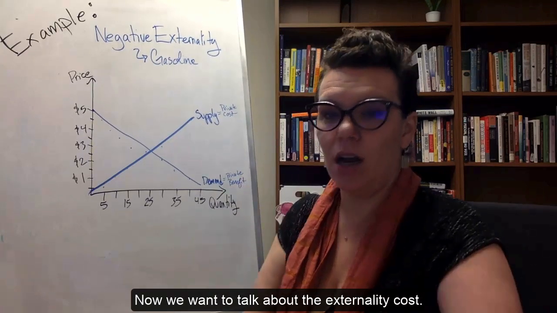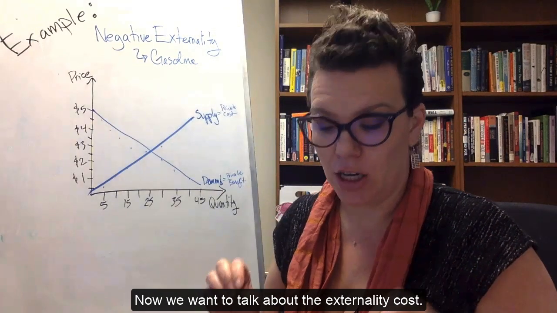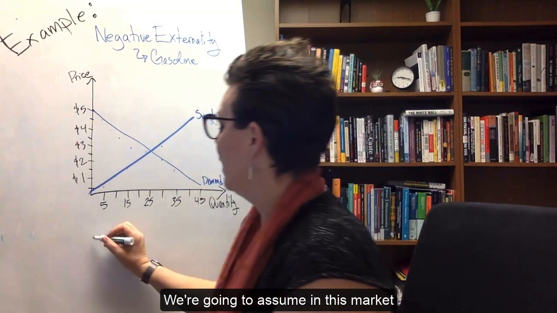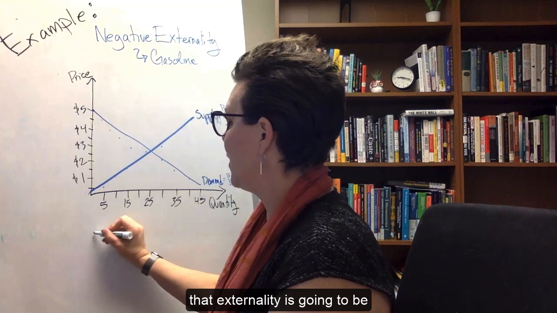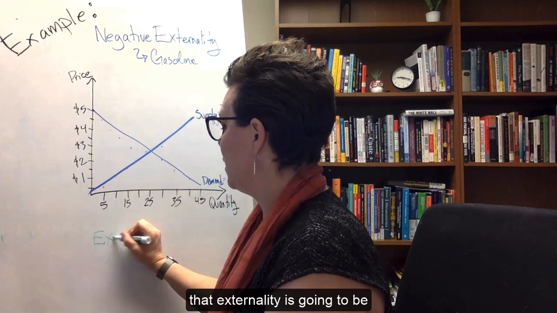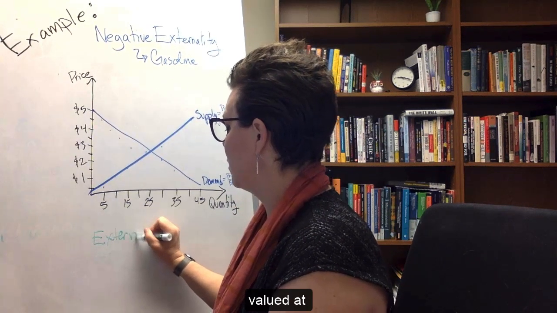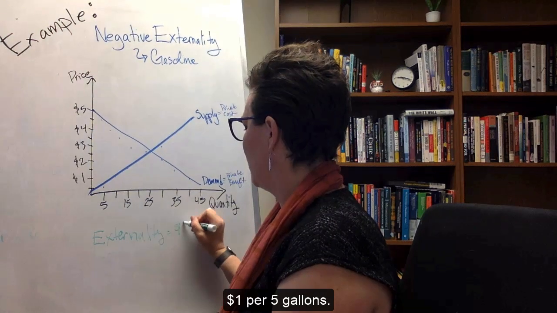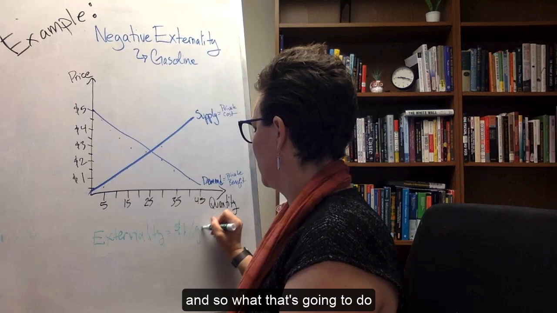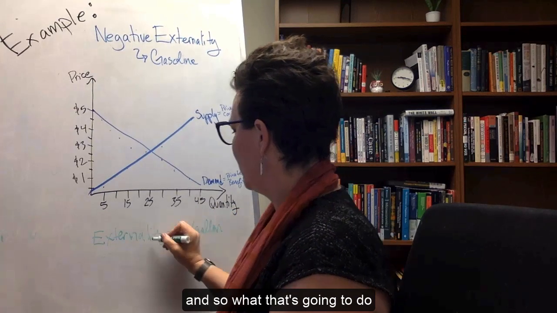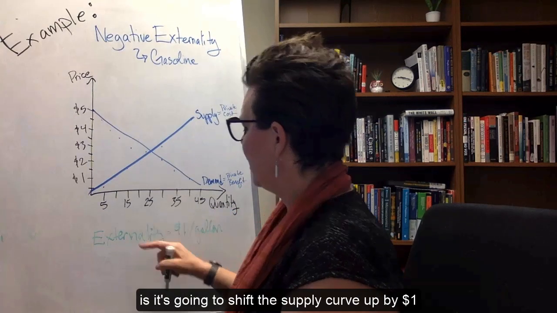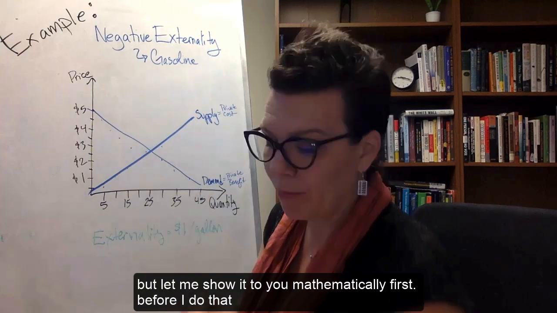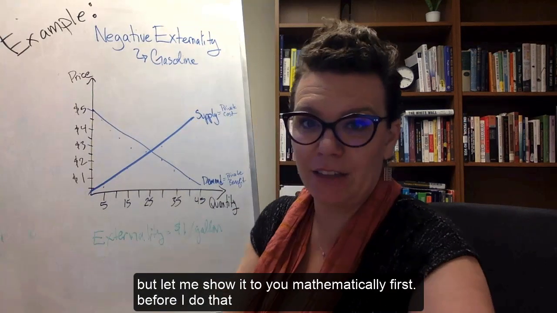Now we want to talk about the externality cost. We're going to assume in this market that the externality is going to be valued at $1 per gallon. And so what that's going to do is shift this supply curve up by $1. But let me show it to you mathematically first.